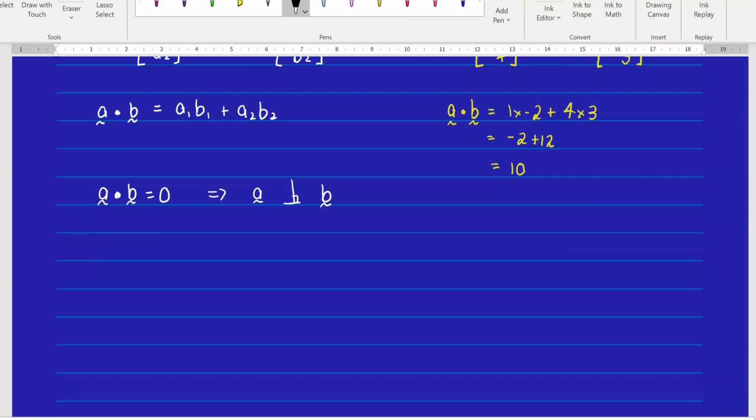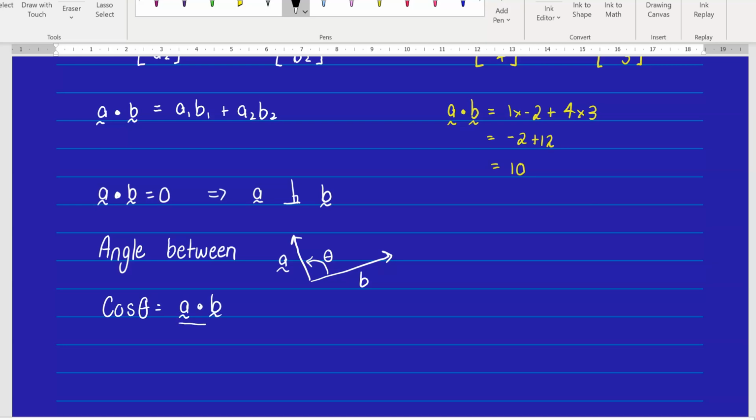Now where we actually use our scalar product is when we want to find the angle between two vectors. Okay, so if I would like to find the angle between the vectors A and B, so we've got A here and we've got B there. If I want to determine this angle, I use this formula. So this goes onto your help sheet. So cos theta equals the dot product of A and B, divided by the length of A times the length of B. So to find the angle, we'll just shift cos of all of that.